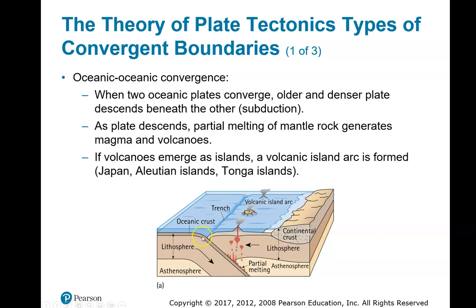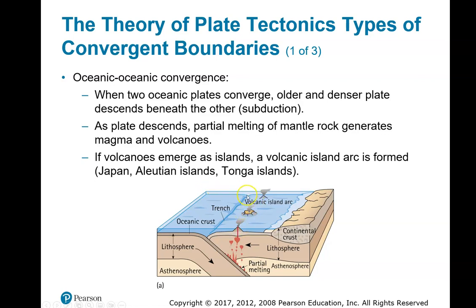If volcanoes emerge, this is also where, if you look at what's going on here, as these two things converge, in the asthenosphere, the upper part of the mantle, you're creating this lava, and the lava rises because it's very hot, and you can actually create volcanic islands, right?